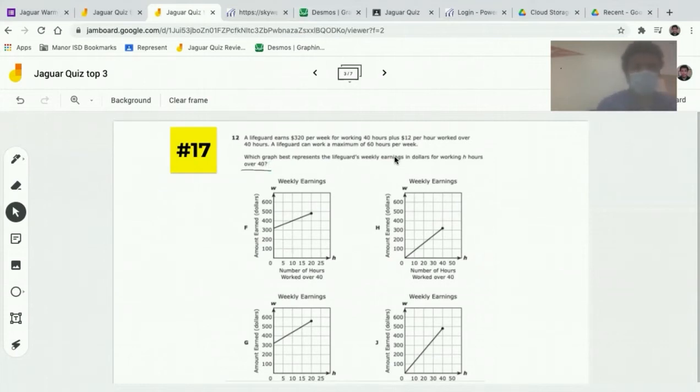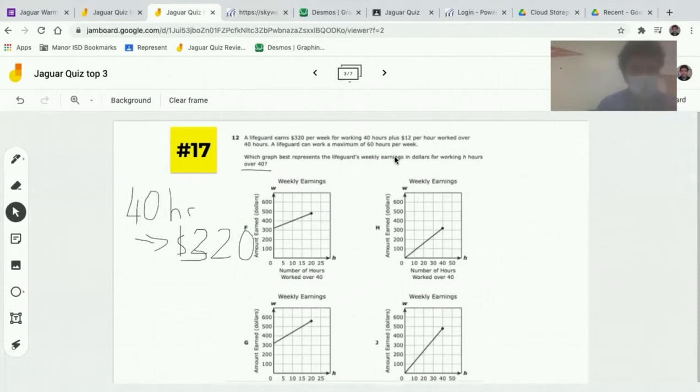So we know he can work, first he works up to 40 hours. So once he works that initial 40 hours, so 40 hours, it gets him $320 for the week. So make $320 for the week for the initial 40 hours.